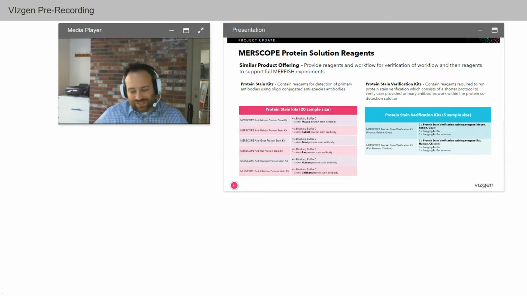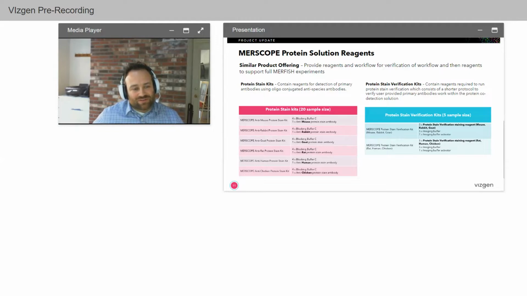Now, important for us here at Vizgen is we want to offer researchers the ability to not just do the initial experiment, but do a verification so that they can verify and optimize their sample prep process before actually going into a full protein co-detection experiment. We have a similar setup with our sample verification kits that allow researchers to do an initial verification.